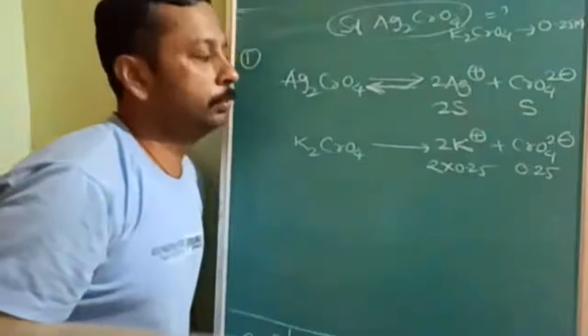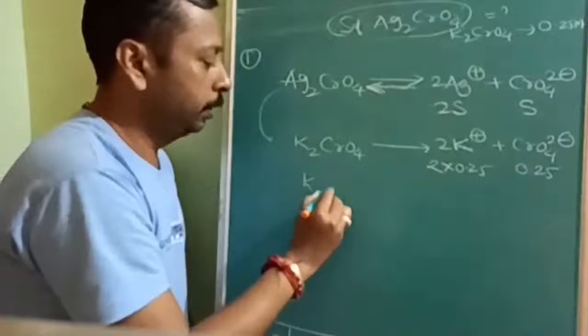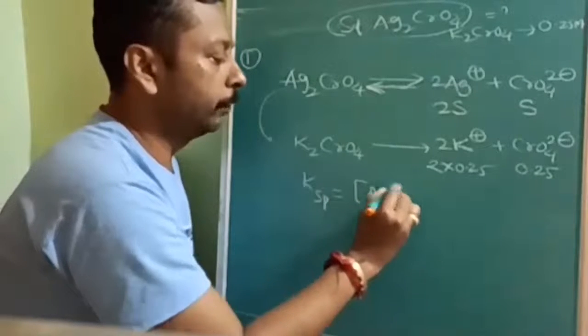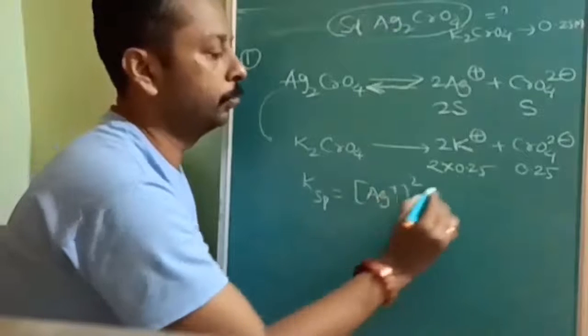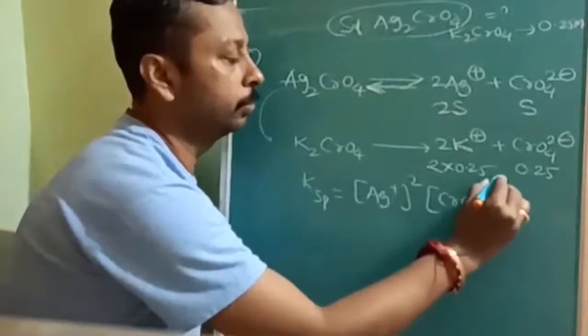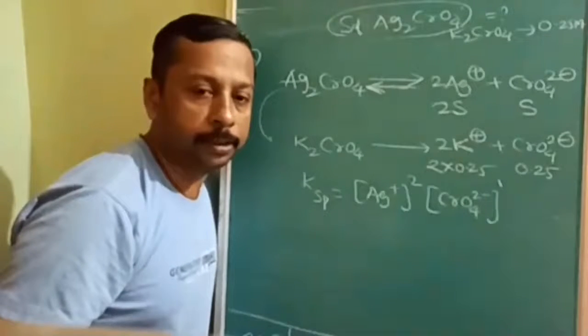Is that understood? Now here, let us take KSP. KSP is equal to concentration of Ag+ to the power of 2 into concentration of CrO4 2- to the power of 1. If you have any doubt, you can ask.